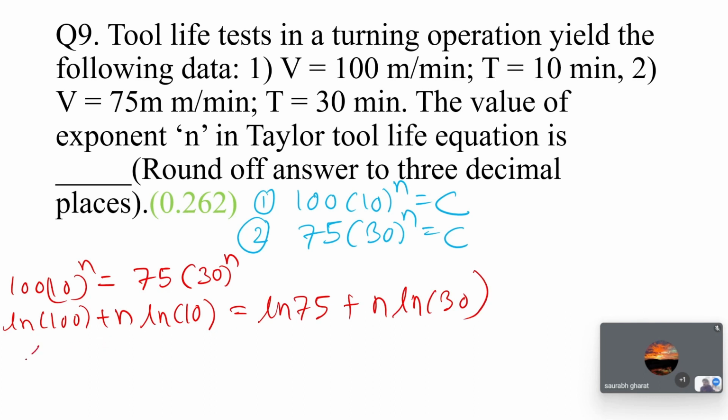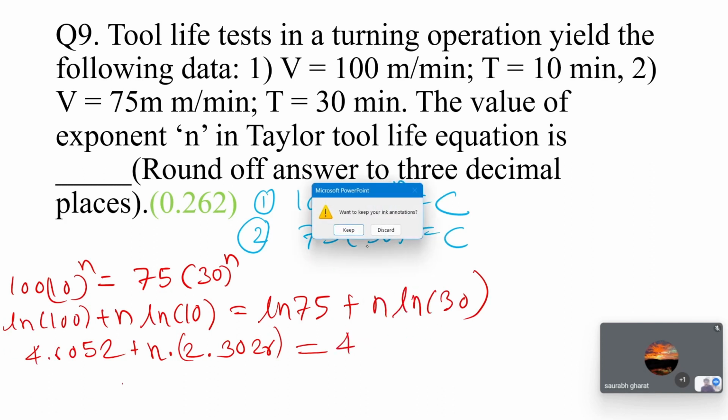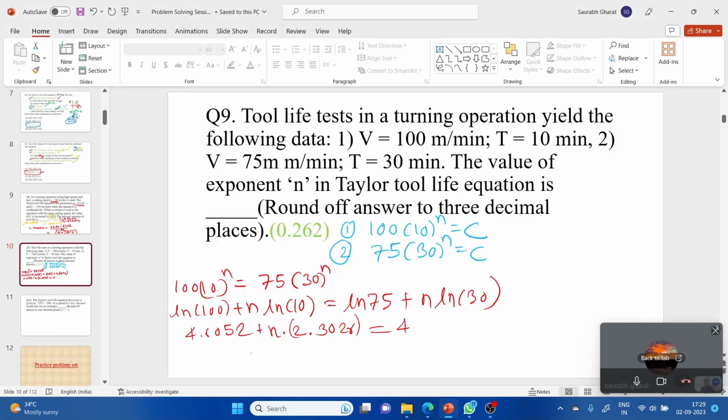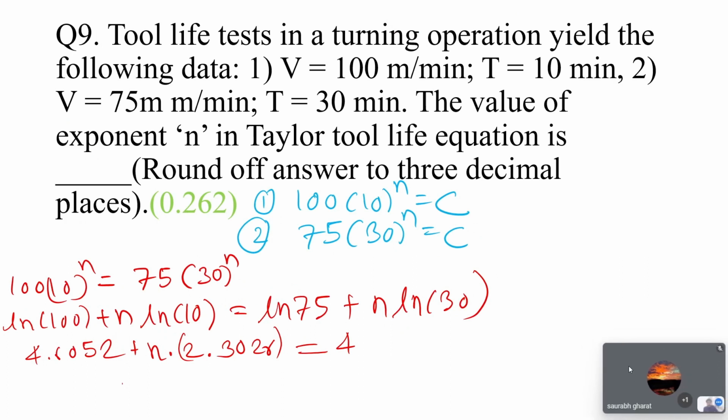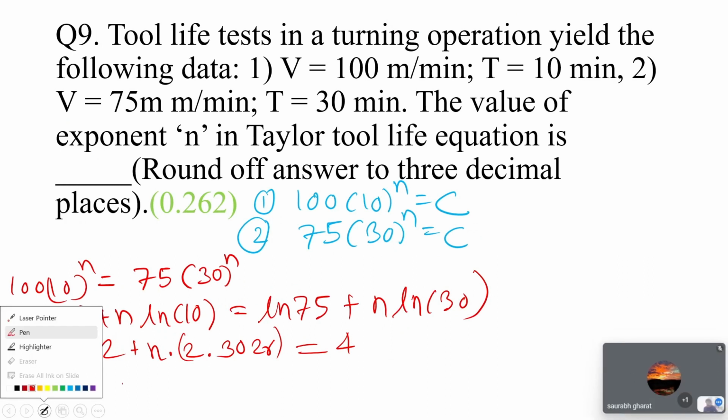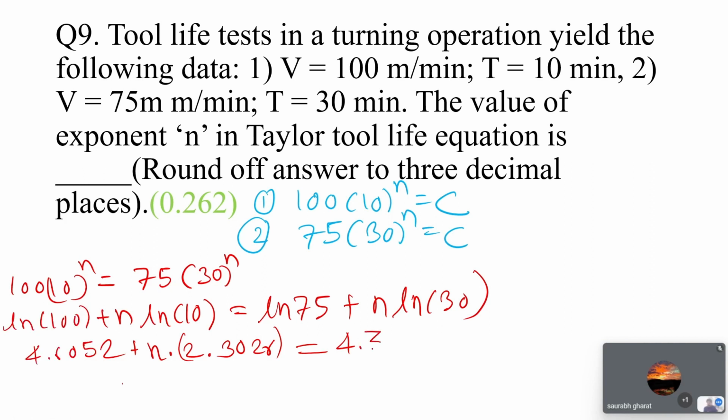So it will become 4.6052 plus n into 2.3026, which is equal to 4.3175 plus n into 3.4012, and get this value.